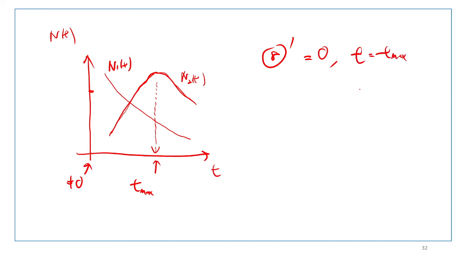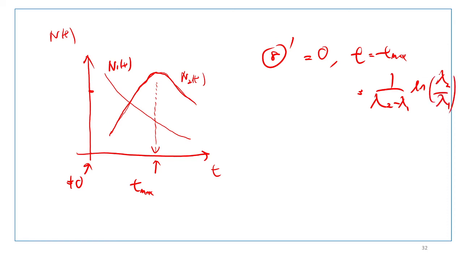Mathematically, it is 1 over lambda 2 minus lambda 1 times ln lambda 2 over lambda 1.